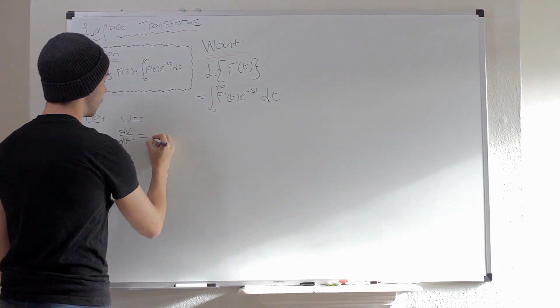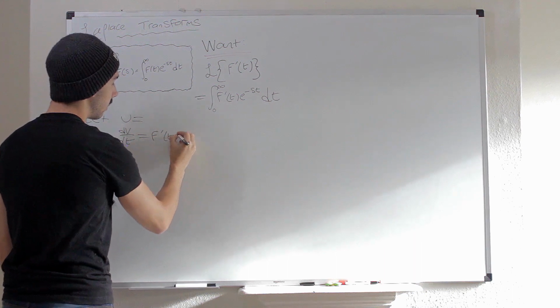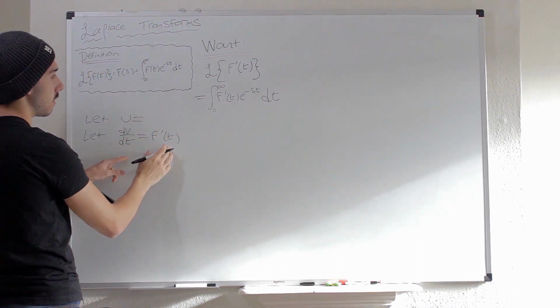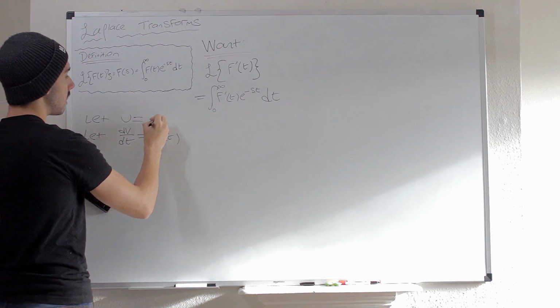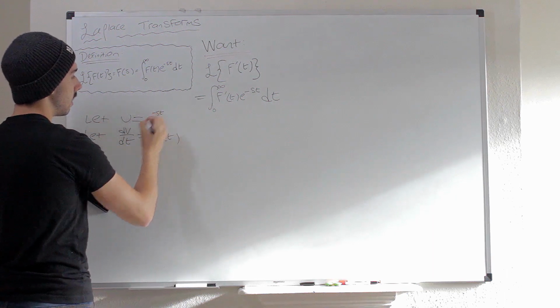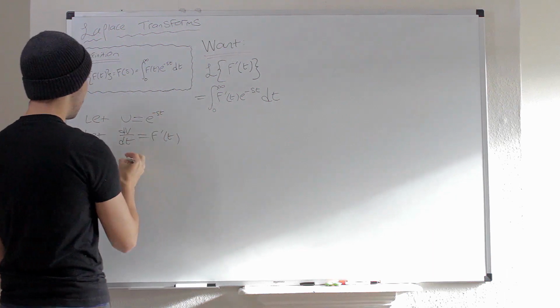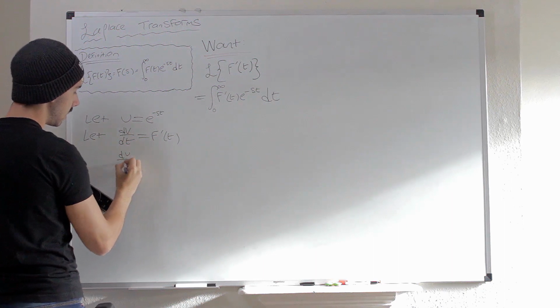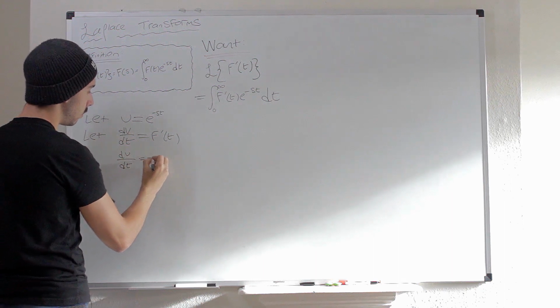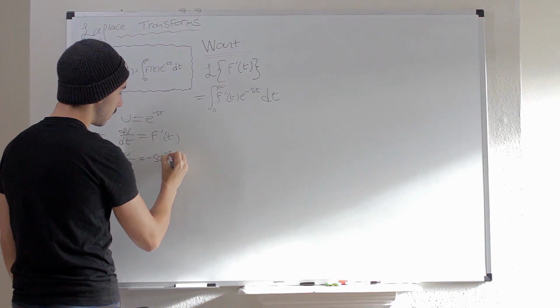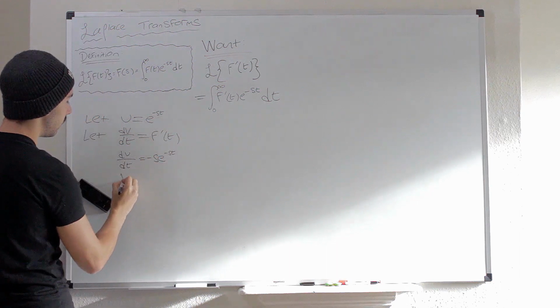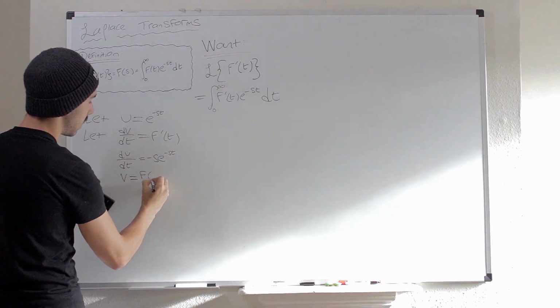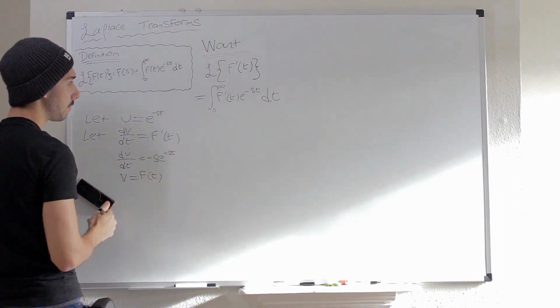In other words, let the derivative of f be dv dt, because we want to integrate it. And then u will be e to the negative st. That also means du dt would be minus s e to the minus st, and v would just be f of t if we integrate that one.